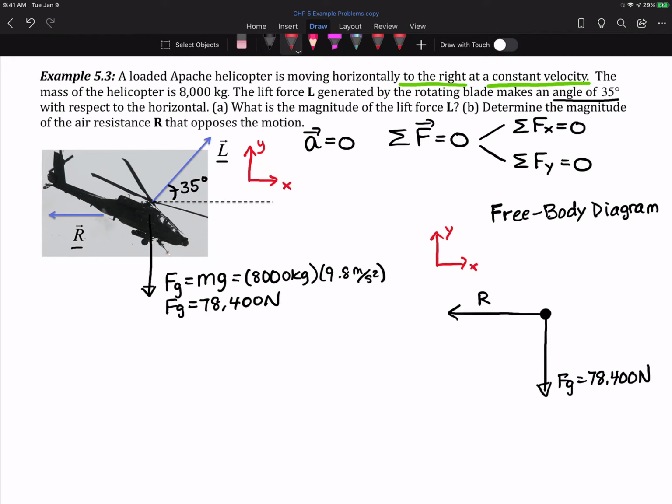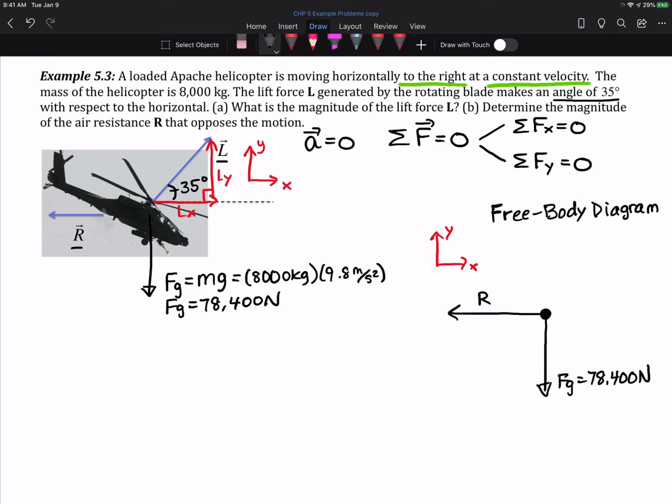So we need to resolve that lift force into a component that is horizontal and a component which is vertical. And we'll call the horizontal component the x component of the lift, and then we will call the vertical component the y component of the lift. We have a right triangle here, and we know, according to our right triangle, that we have the trig identities that we can use, or the trig functions.